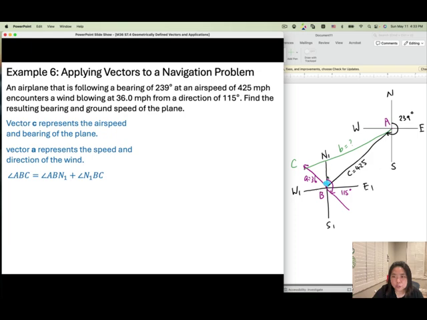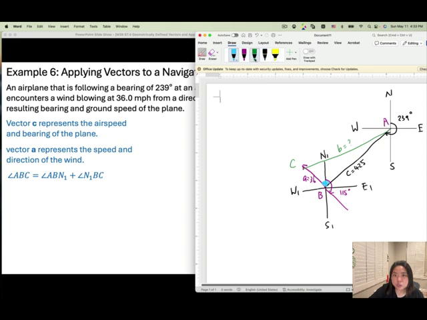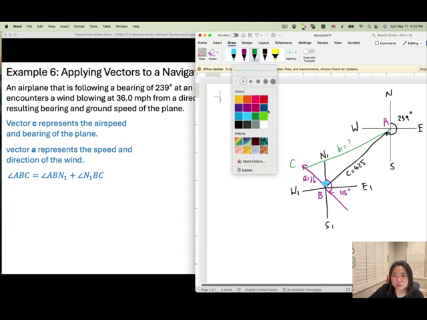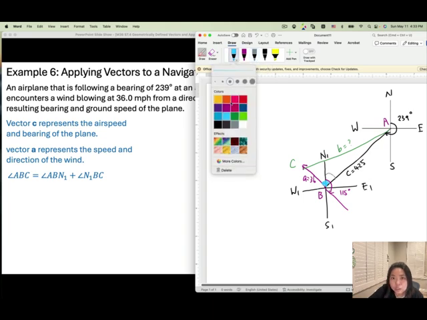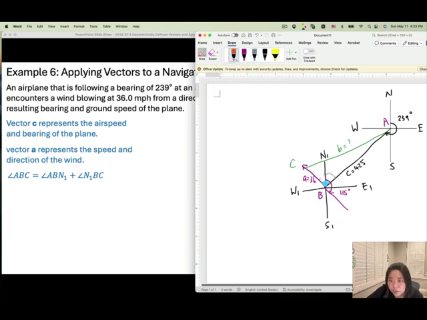We do have two separate angles, ABN1 and N1BC. So we need to find out this angle, and also we need to find out this angle. When you add them up together, that will be angle ABC.